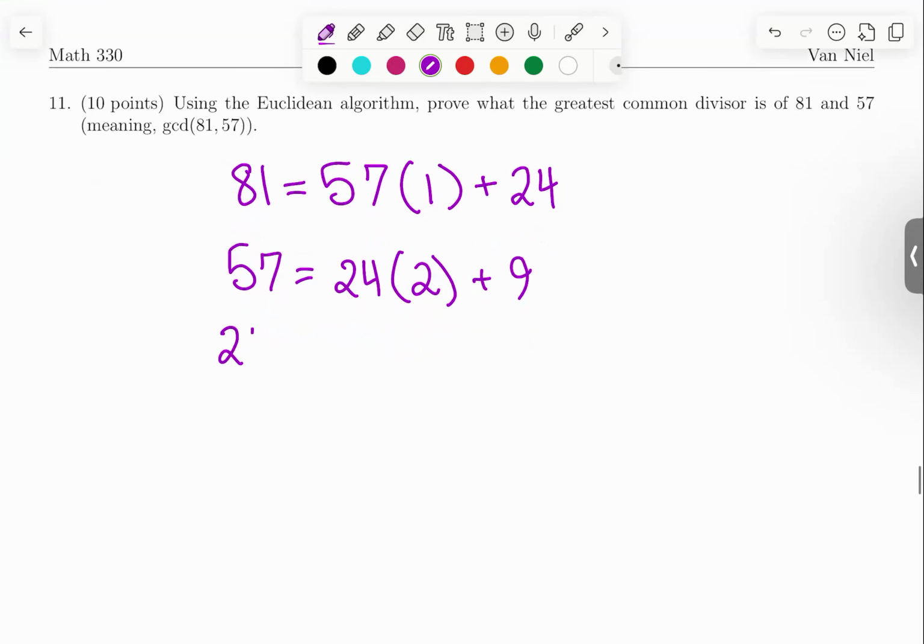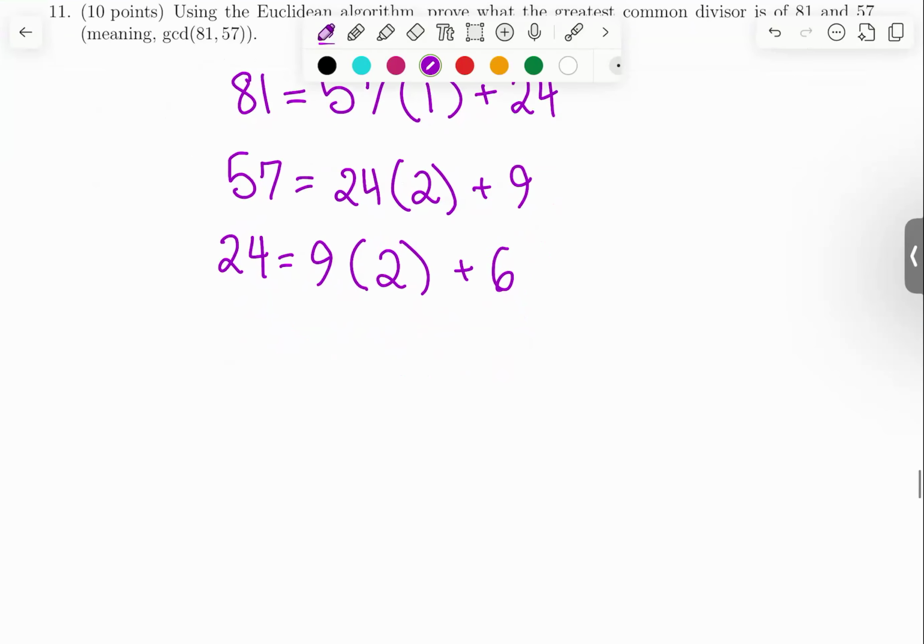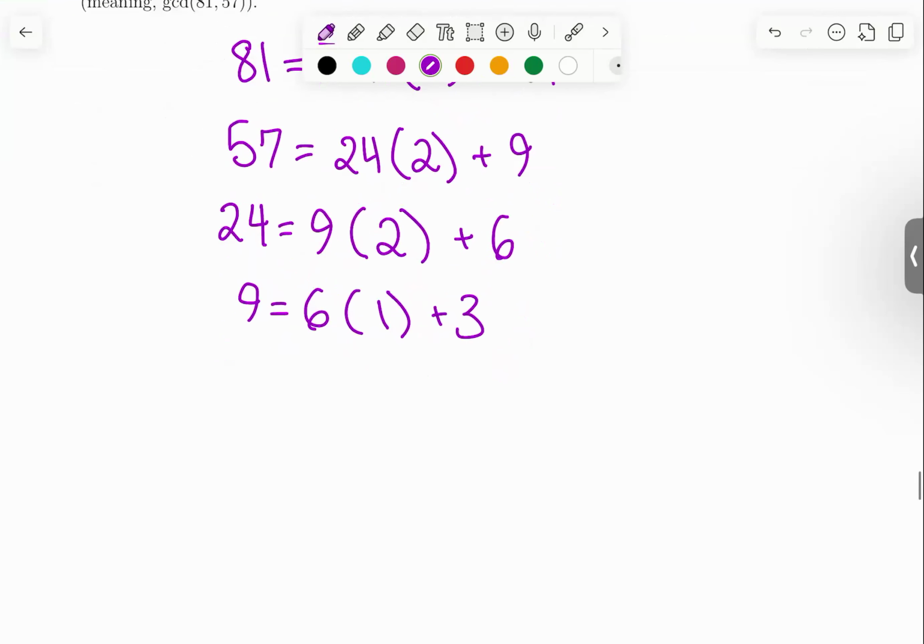Shift everybody over. 24 equals 9 times what? 2, because that's 18. So that's plus 6. Okay, shift everybody over. 9 equals 6 times 1 plus 3.